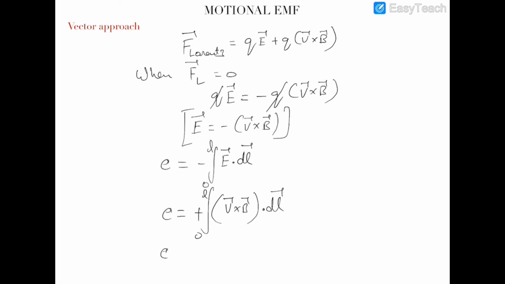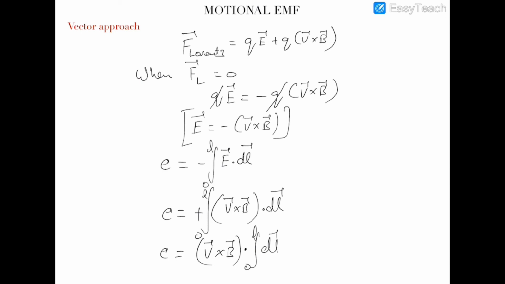We can write it as V cross B dot the integral from 0 to L of dl.